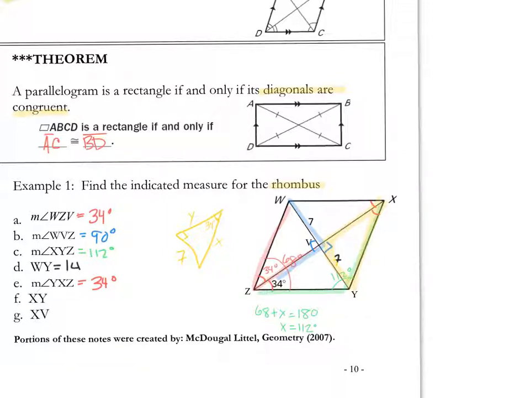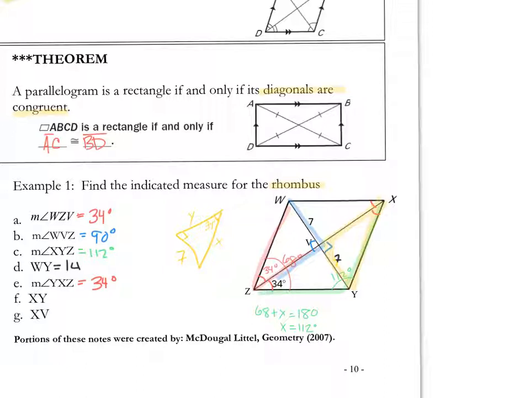So the first one, if I look at my angles, the previous theorem said that the angles were being bisected. So I know that that red highlighted angle is also 34. And how we name angles, remember, is you just connect the dots. The middle one is always your vertex, and then you connect W to Z to V. The next one is the middle angle.